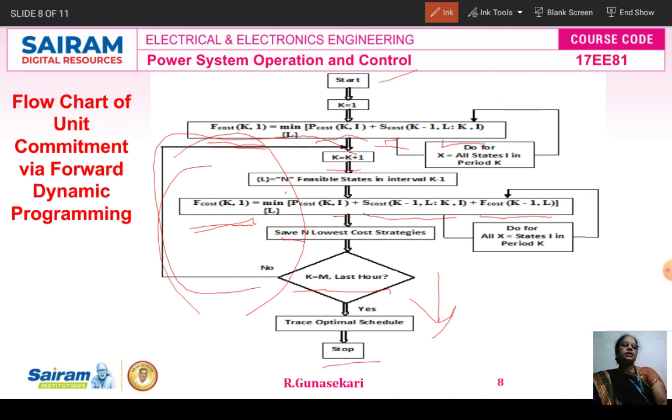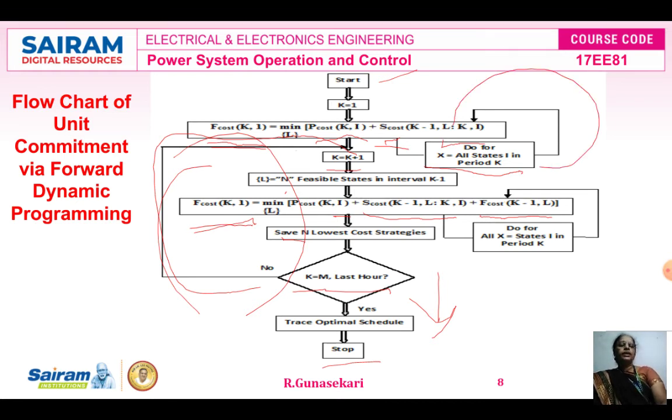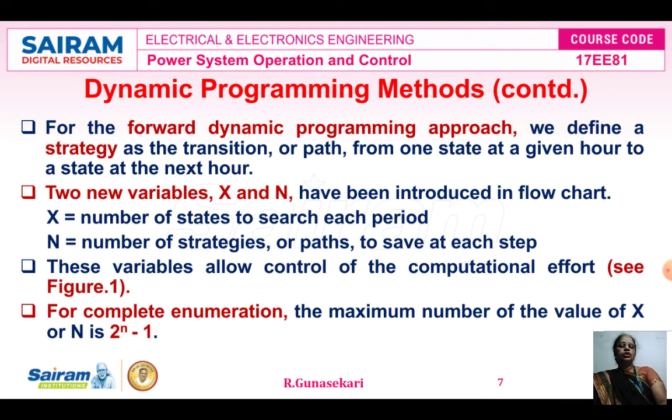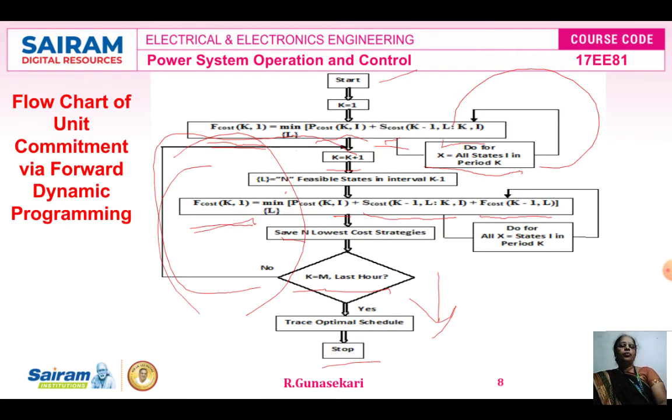Here, one step is: do for x equal to all states I in period k, and again it comes back here. So in this case, what is x? x is the number of states to search each period. How many states are there? I states.